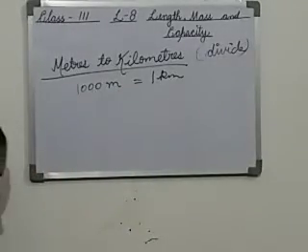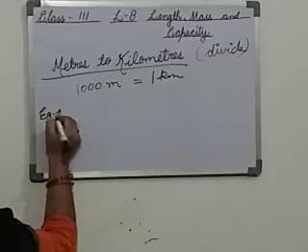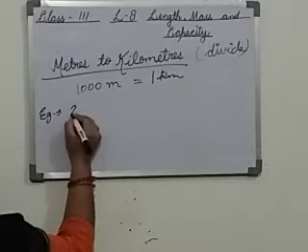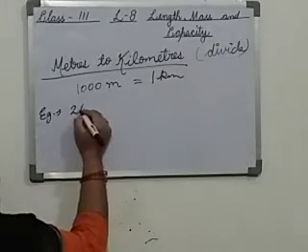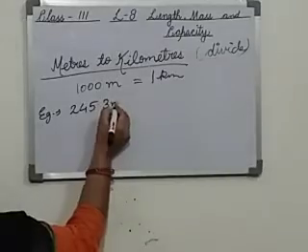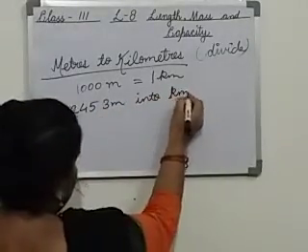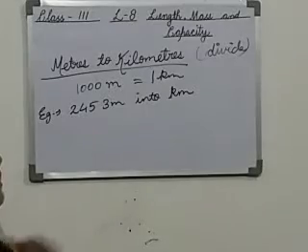Now, suppose if we have to change, how we will convert? Let me explain you with the help of an example. Suppose if I am having 2453 meters, we have to change into kilometer. These many. Okay. We have to change this into kilometer.